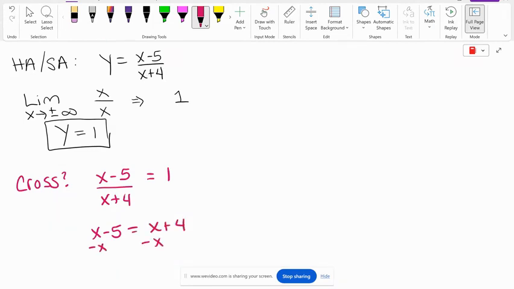The x's cancel, and negative 5 does not equal 4, so does it cross? No. Are we ready to sketch? Okay, let's do it.